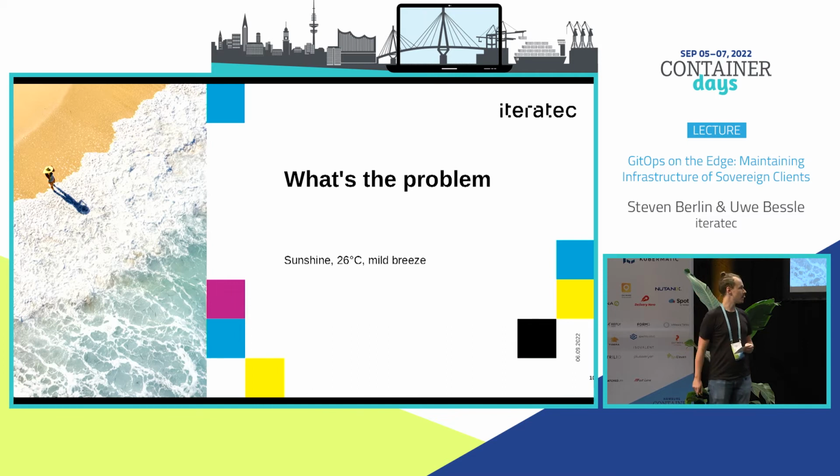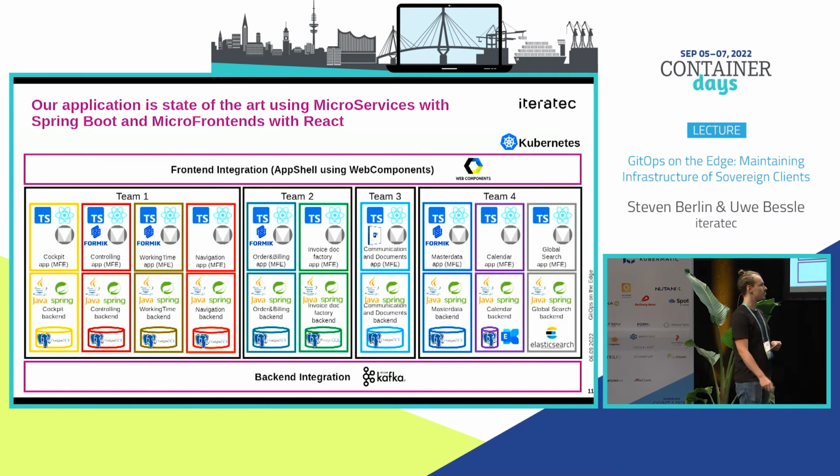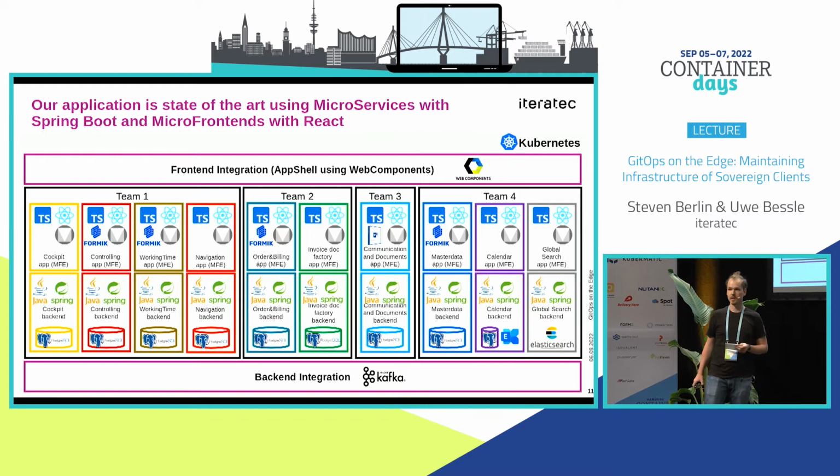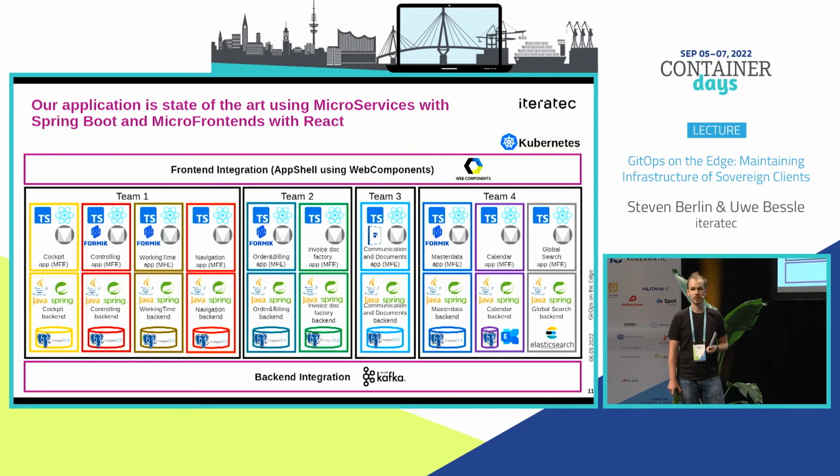So what we came up with is a microservice and front-end landscape that looks like this. And here you can see all the famous and state-of-the-art tools that can be used to build verticals. So we're not only building microservices, but integrated with micro frontends.